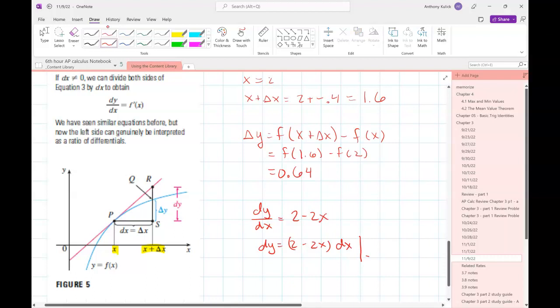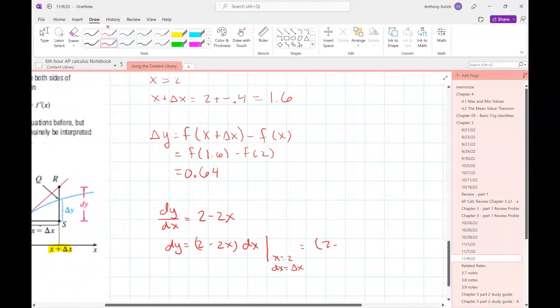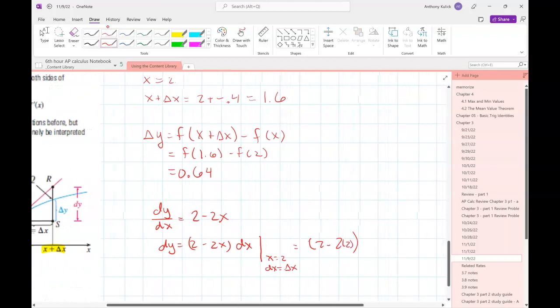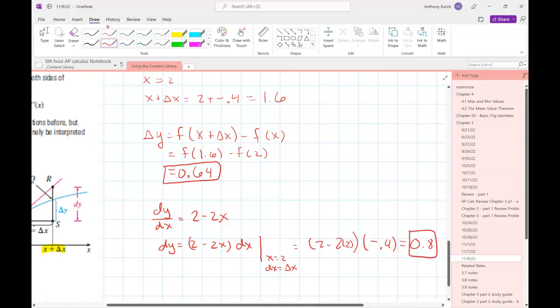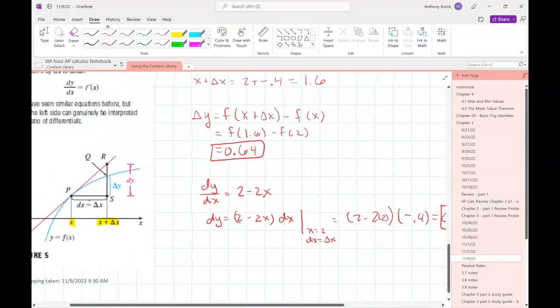And if I evaluate this where x is equal to 2 and dx is equal to delta x, I get 2 minus 2 times 2 times negative 0.4. And when I do that, I get 0.8. Okay with that? All right, now let's draw this picture over here.